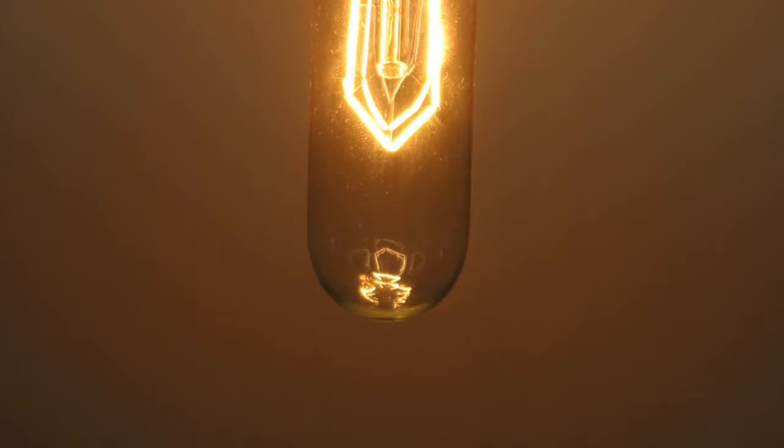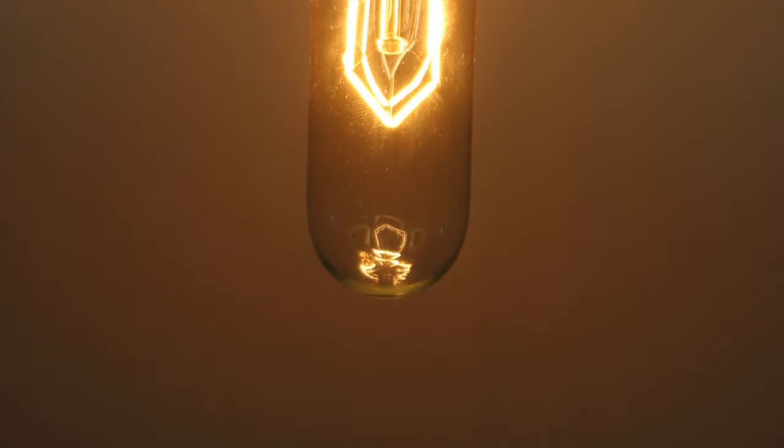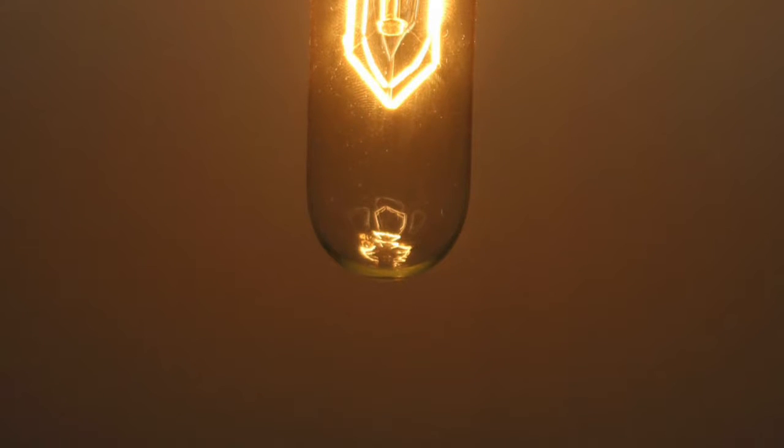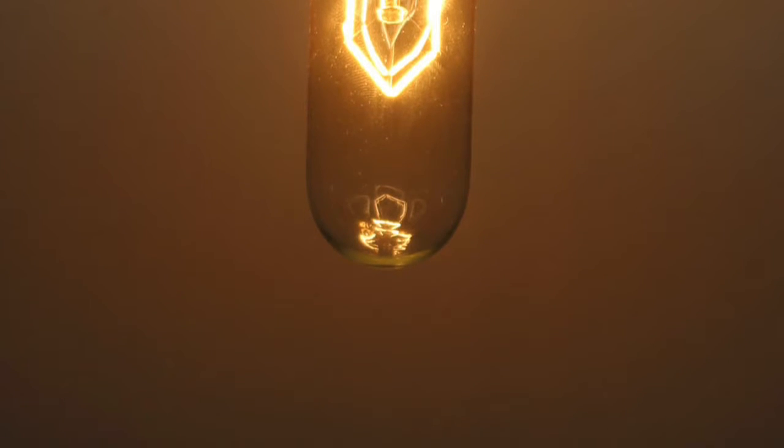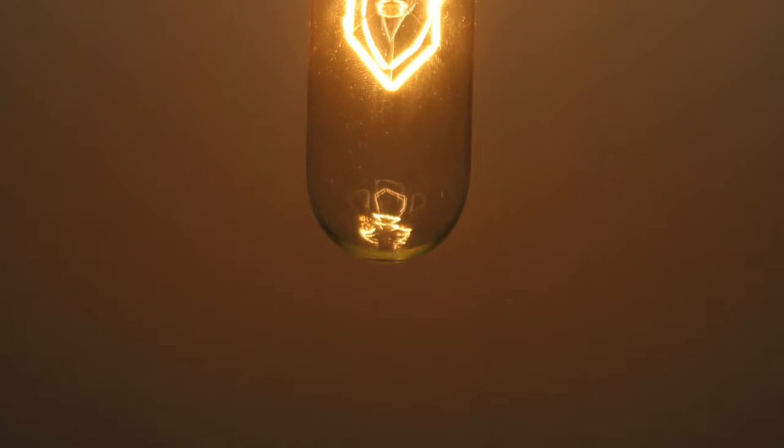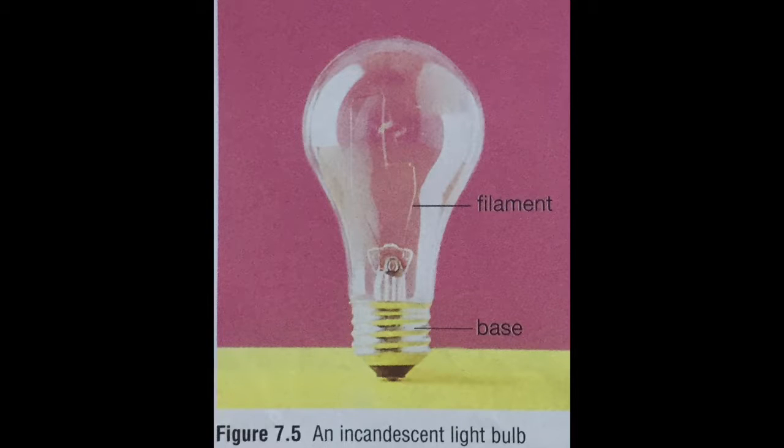Both candle flames and light bulbs are examples of incandescent sources. As you saw in the starting point activity, in the light bulbs used most commonly in our homes, electricity heats a metal wire filament in the bulb. See Figure 7.5. This filament becomes so hot that it glows white.